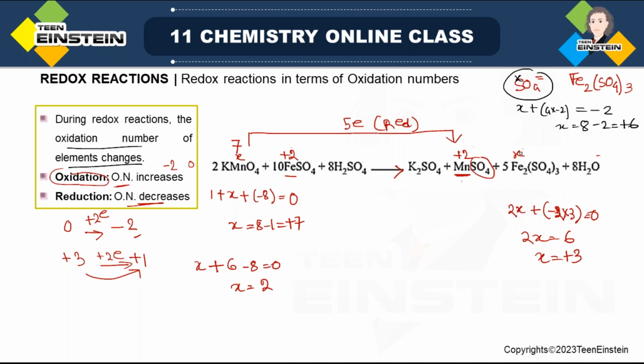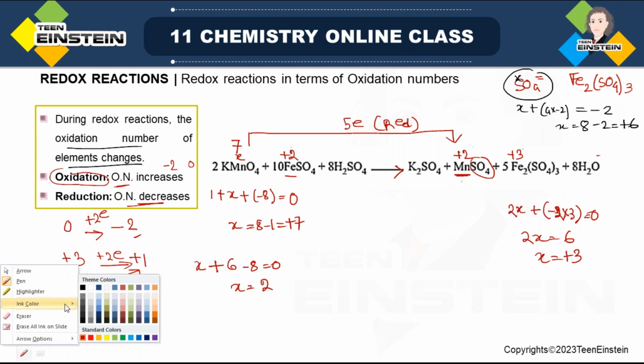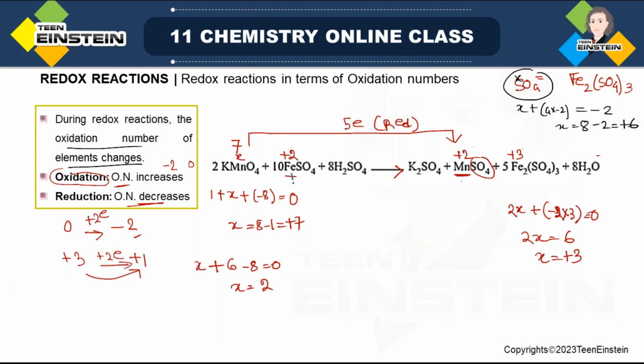That means from plus 2, now it is 3. So in this case, the oxidation number increases. It is loss of electron, minus electron. Oxidation number increase means it is oxidation.